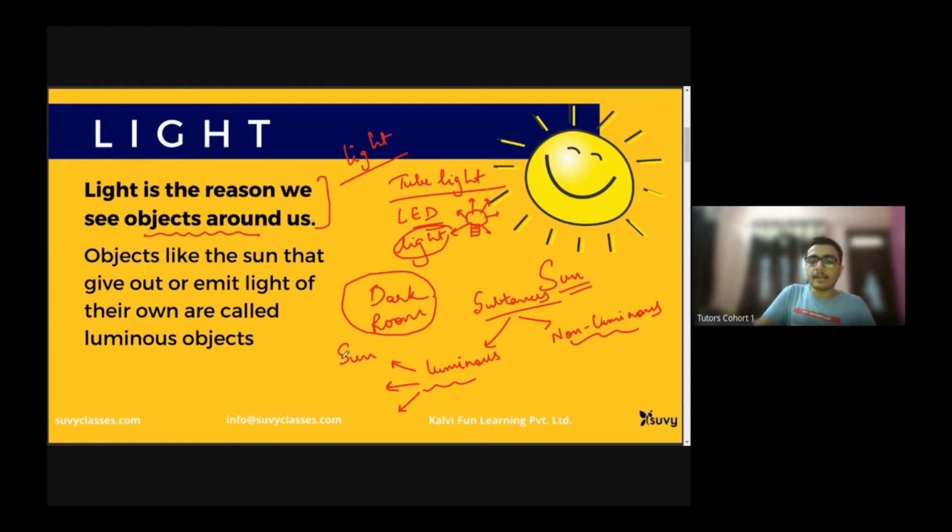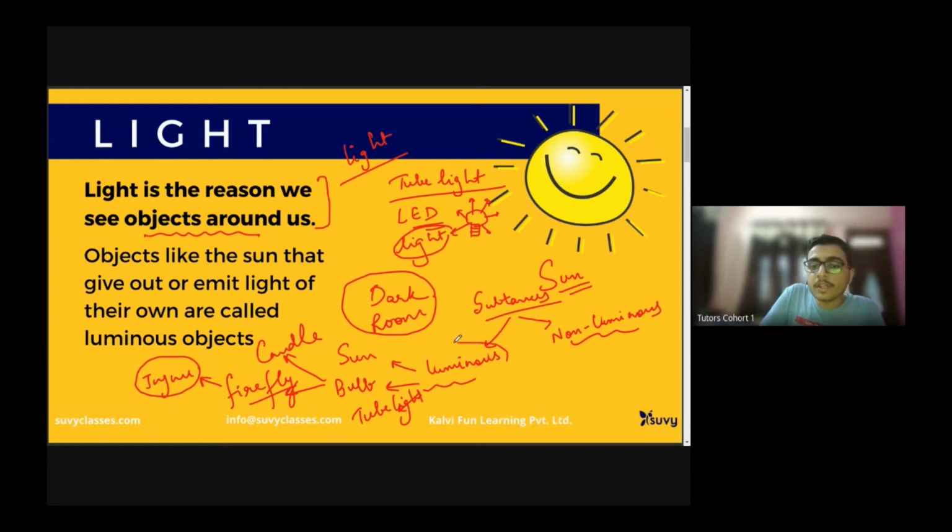The sun emits light. Similarly, a bulb emits light. It is luminous. A tube light emits light. A candle emits light, right? A firefly emits light, right? We call them jugnu in Hindi. They emit light. So these all are luminous substances, luminous objects.